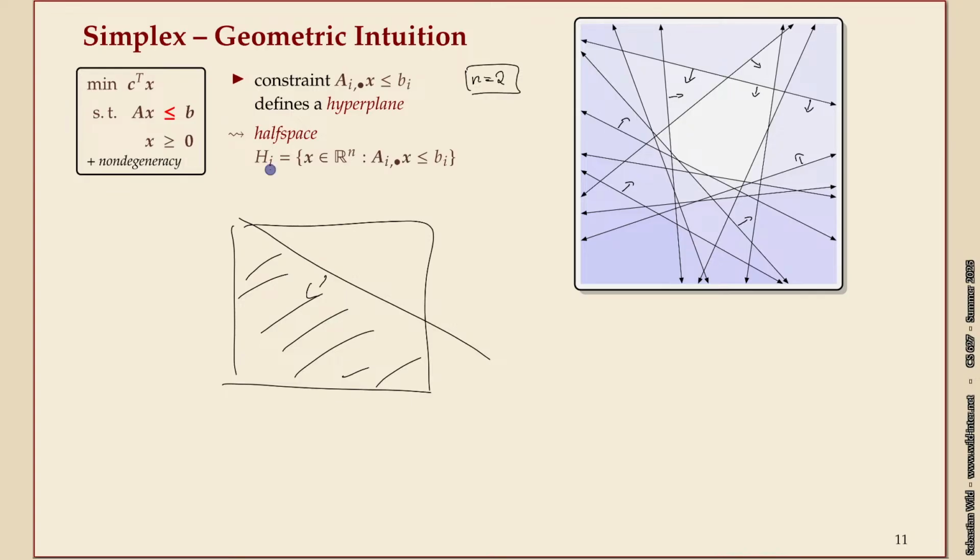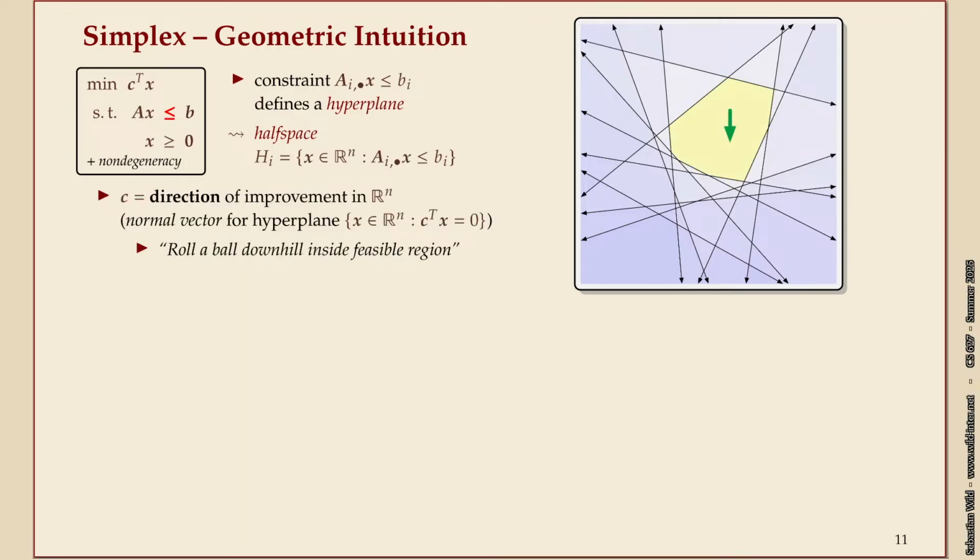So here for notation, I'm going to write hi for the half space of one constraint. So all the vectors that satisfy this constraint. Really it's the area below a line or above a line in this case when n is 2. And then the intersection of all these gives you this feasibility region, the yellow part.